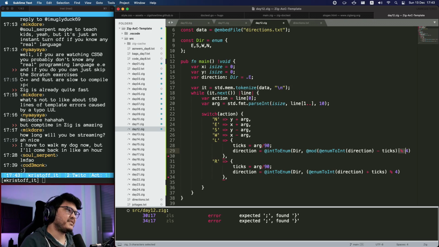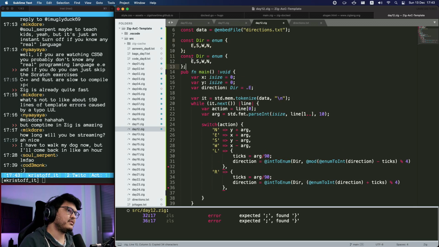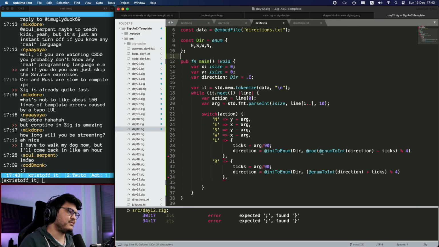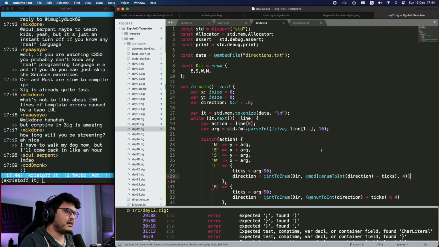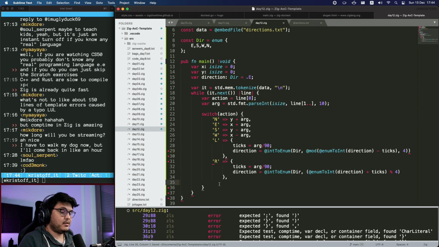Yeah, the problem is the negative stuff. Or I could create a left dir enum, do the same, except that the sorting order is the inverse. Let's not do this stuff. Let's try to get this right. I think it's at mod. I think this should be fine. Honestly, I don't know. Let's just consider it a starting point.